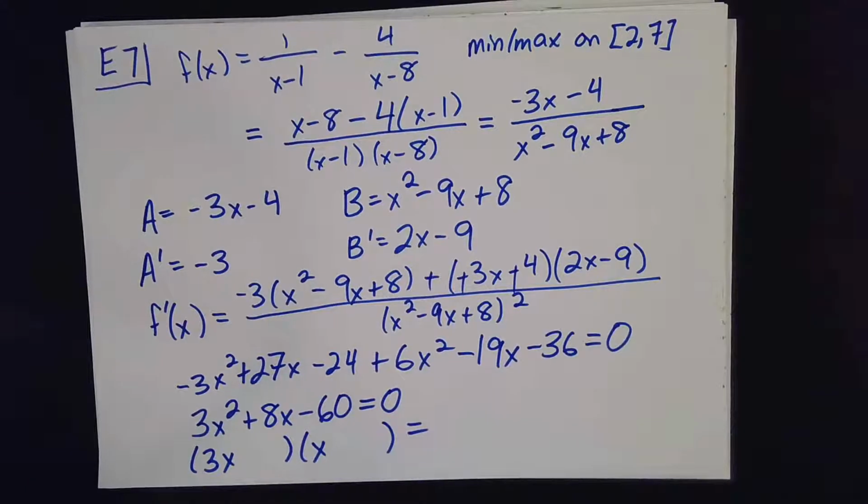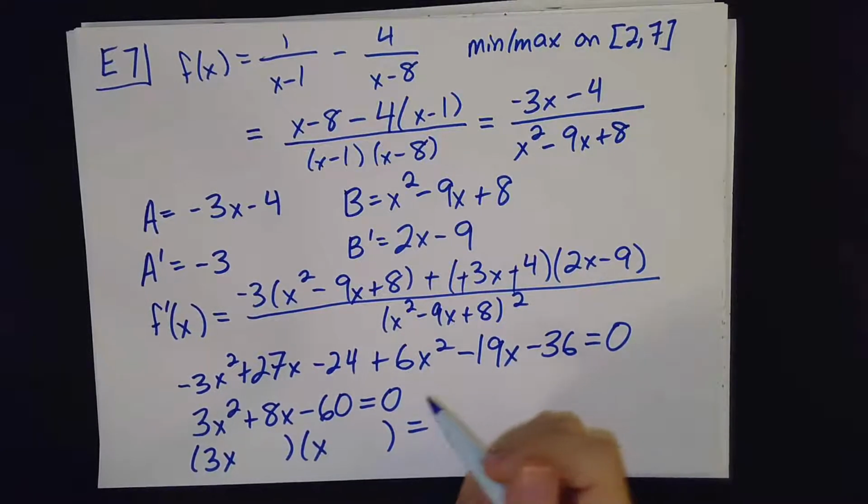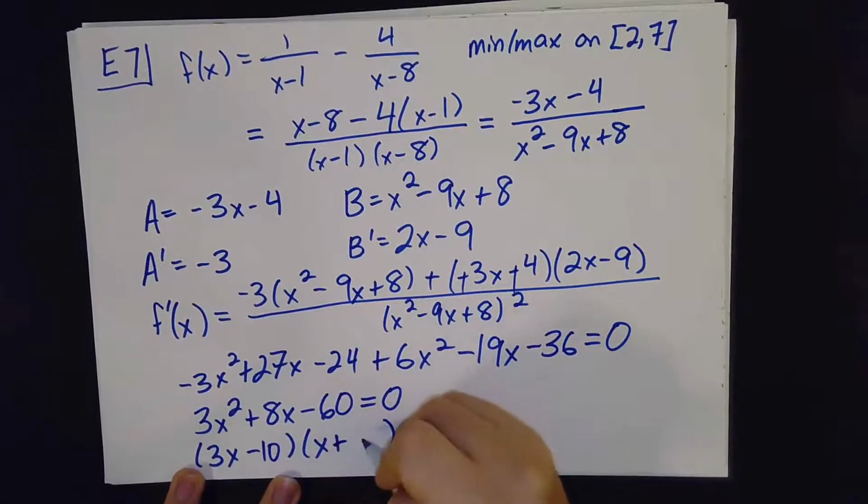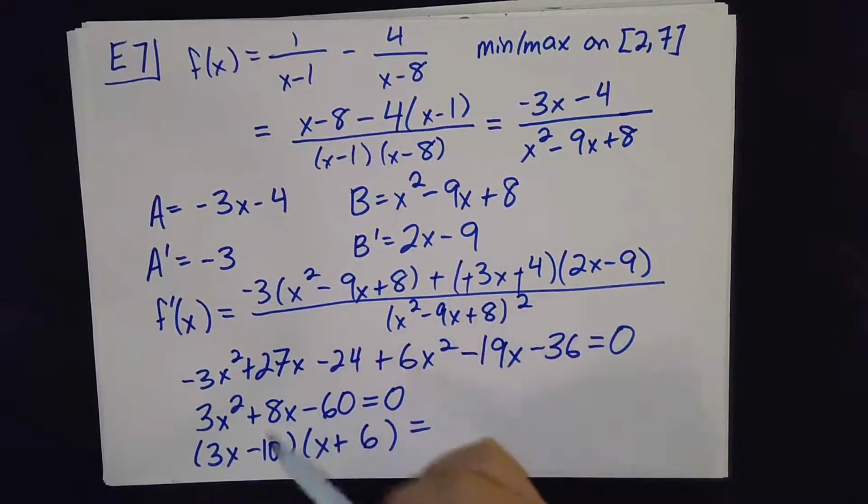Okay, and then we have to decide how to factor this. You've got to run through a few options. But then you come up with 3x minus 10 times x plus 6. Is this right? Let's see, 3x times 6 is 18x, minus 10x would be plus 8x.